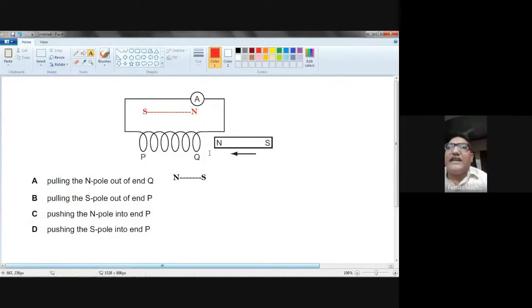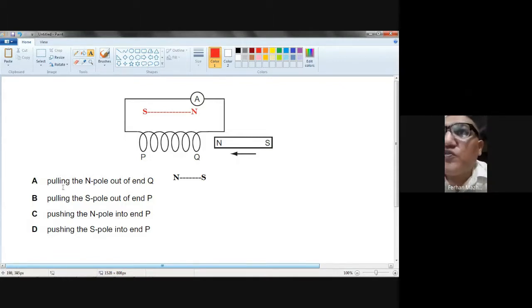That is the rule: when north is approaching Q, the EMF induced in the coil is in such a way that it tries to oppose this motion. So when the north is approaching Q, a north pole will appear to oppose this approaching north.